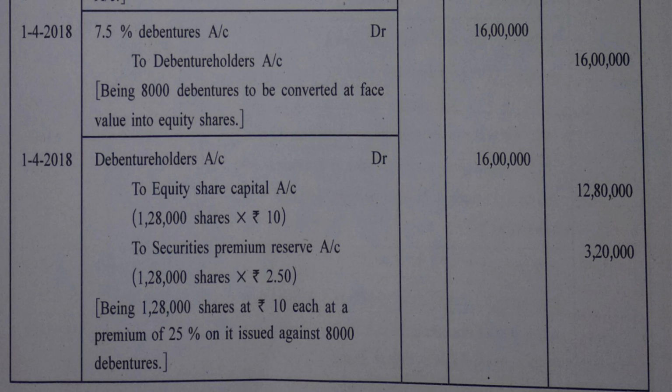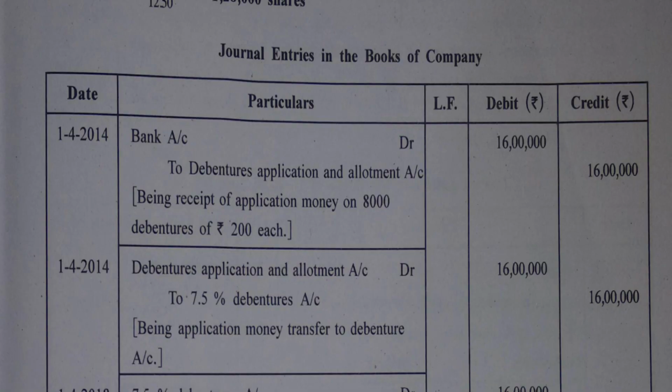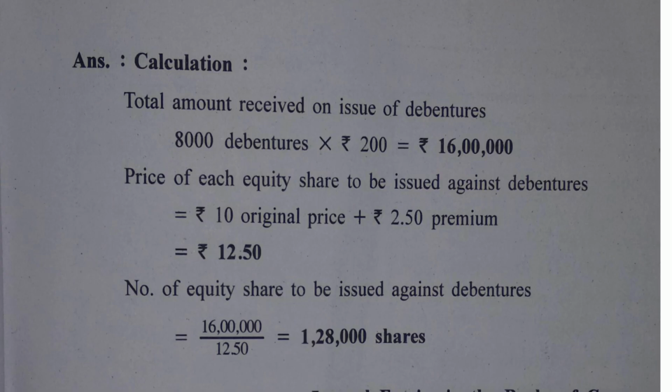Now if we are talking about 1 lakh 28,000 equity shares, where did this come from? We've understood the calculation for that here. The total amount to be paid to the debenture holders is 16 lakh, and instead of that the shares are issued. How many shares? 1,28,000 shares. One share is of rupees 10 and is issued at a premium of 25%.